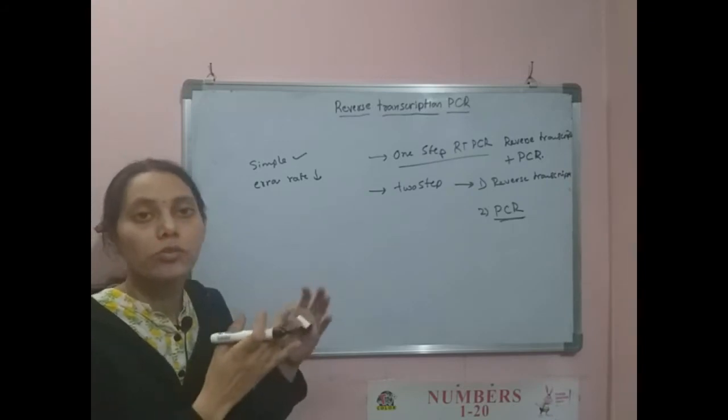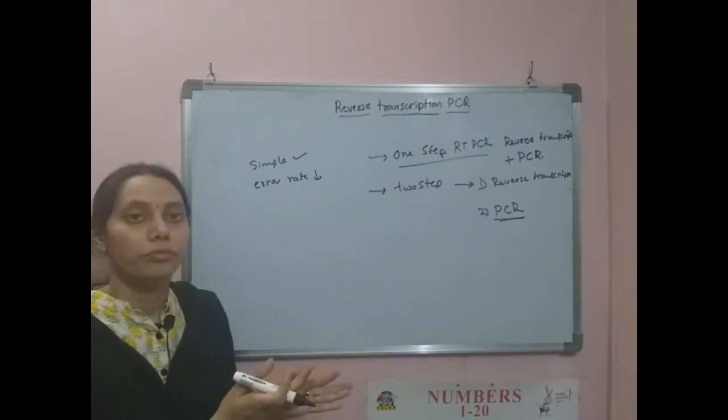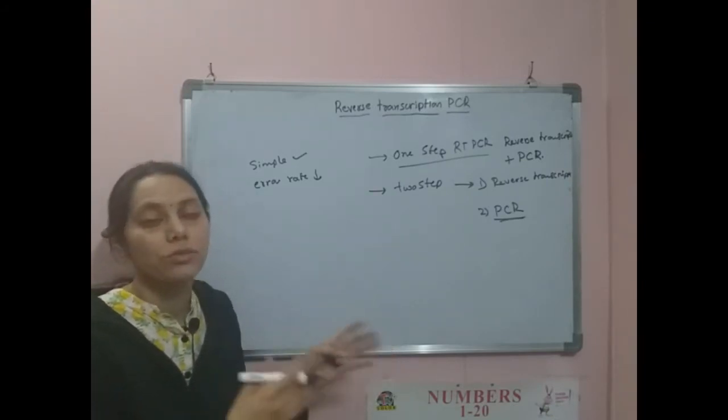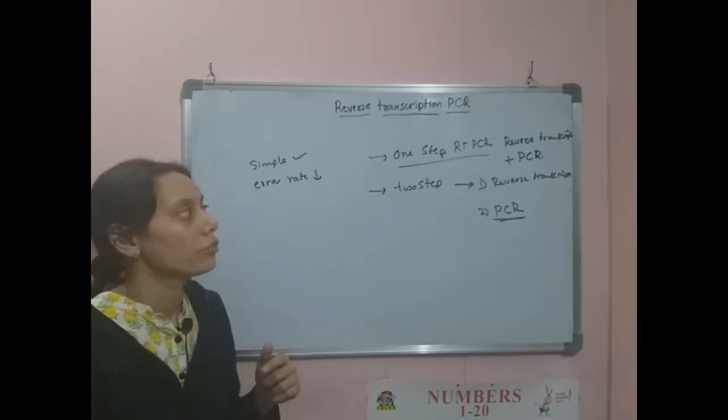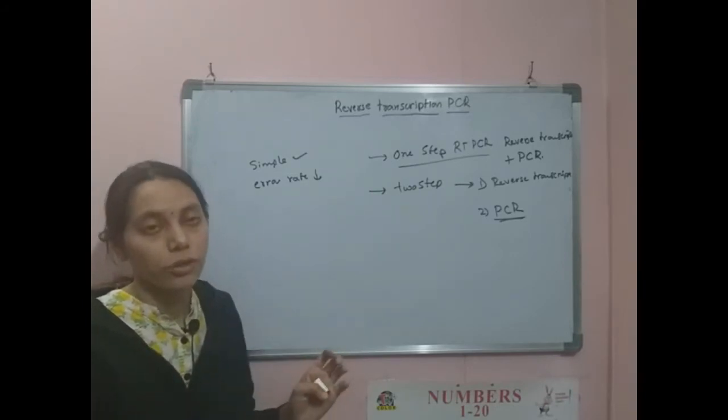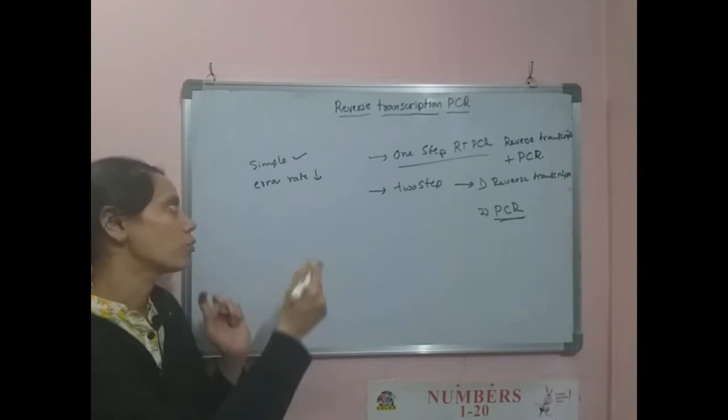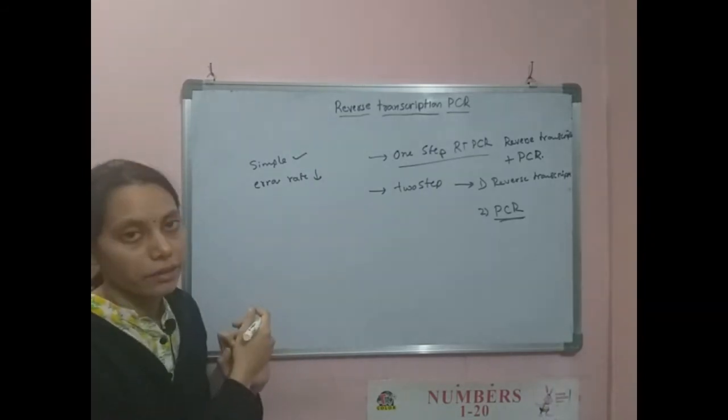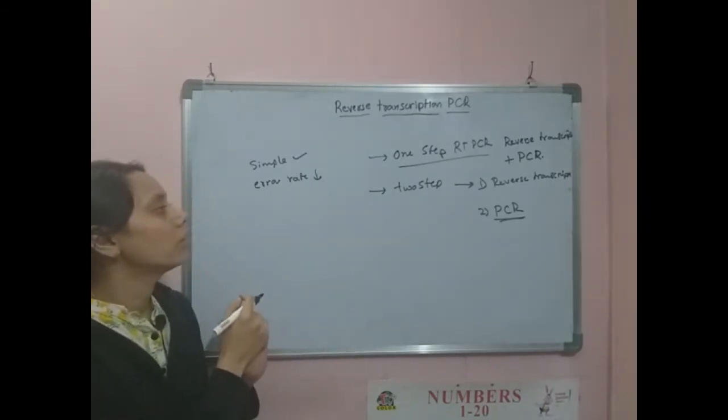We are not going to transfer the template from the first to the second reaction. In a single reaction tube we are going to perform the whole process, so it decreases the error rate.